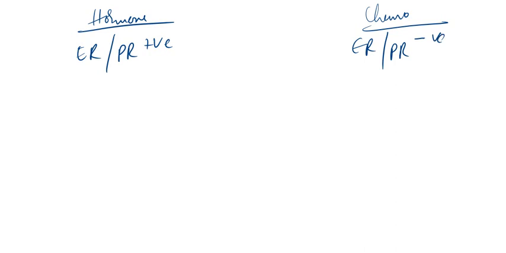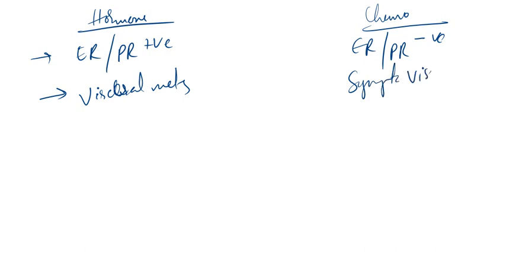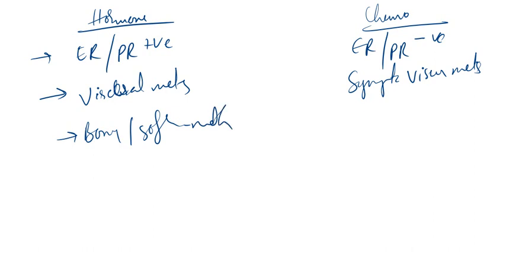If there is asymptomatic visceral mets, then you go for hormone therapy. But if there is symptomatic visceral mets, you go for chemotherapy. If there is bony or soft tissue mets, you go for hormone therapy. But if the tumor is hormone refractory, you go for chemo.